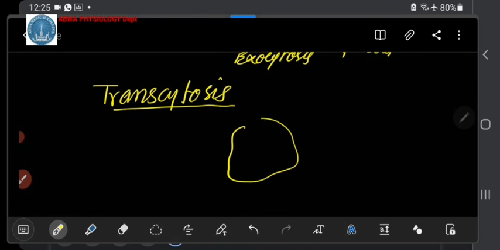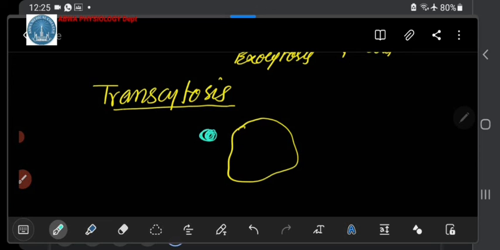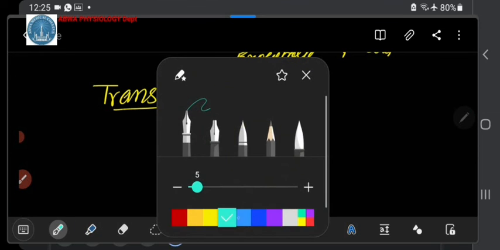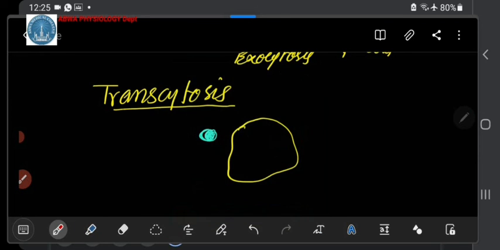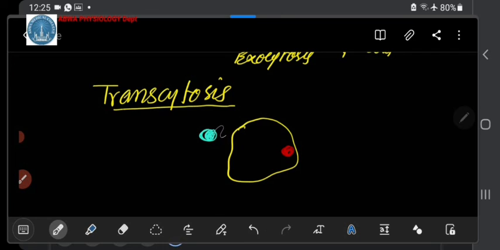If we have a cell like this, these molecules have to go inside and these molecules have to go outside. If this molecule is endocytosed and at the same time this molecule is exocytosed, this is transcytosis.